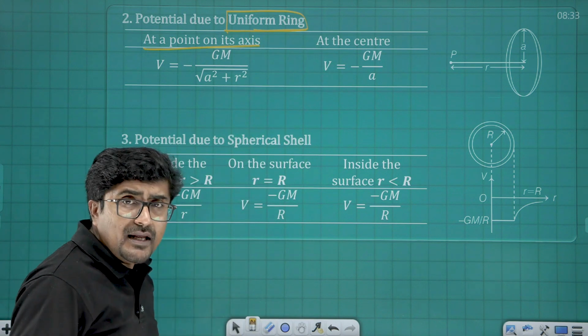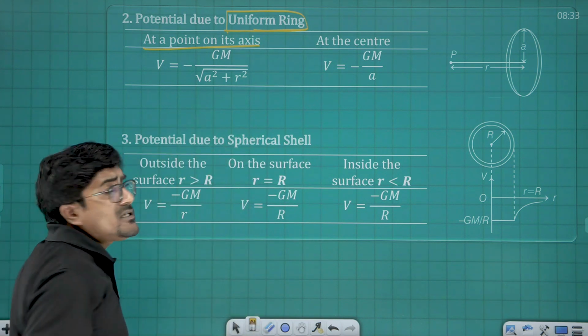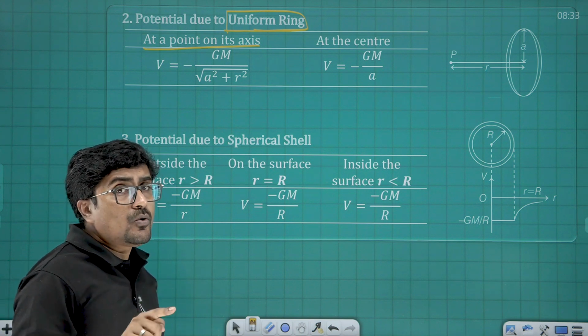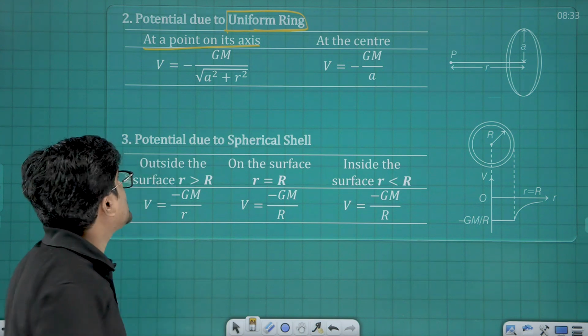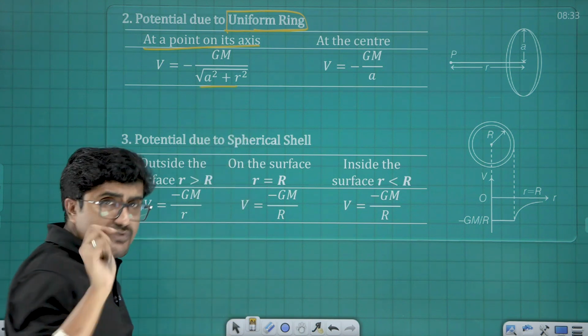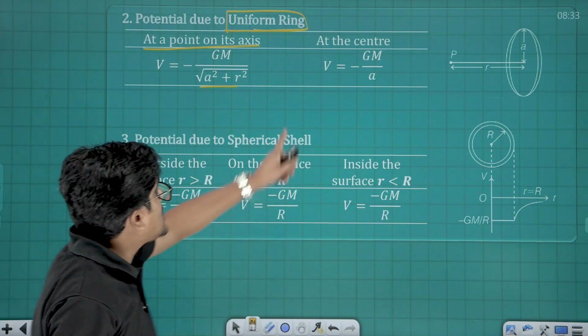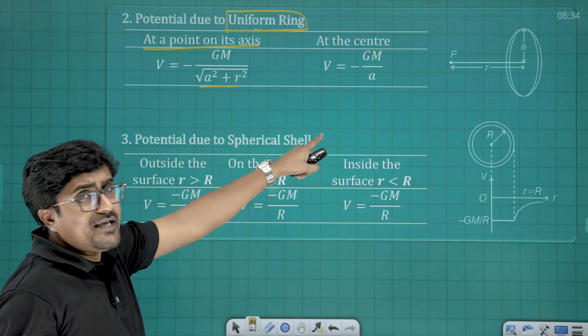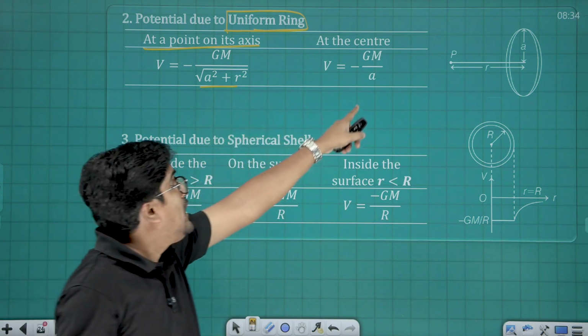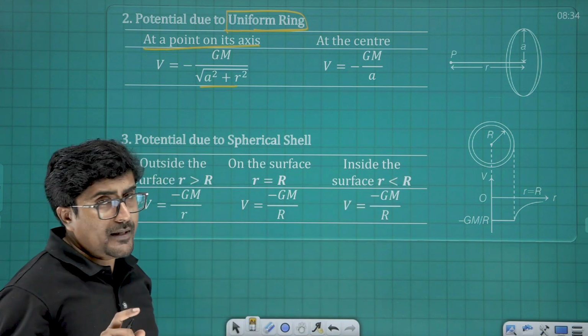So for uniform ring, it's going to be minus of GM upon under root of a square plus r square, and once we take it at the center, definitely r is going to be 0, and that's going to be minus of GM by a only.